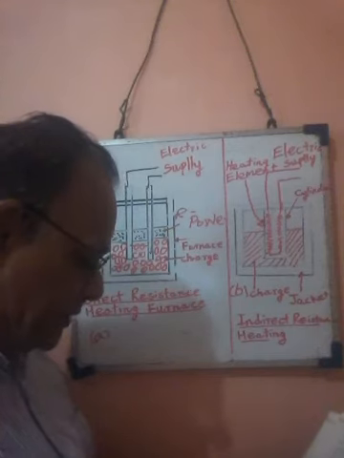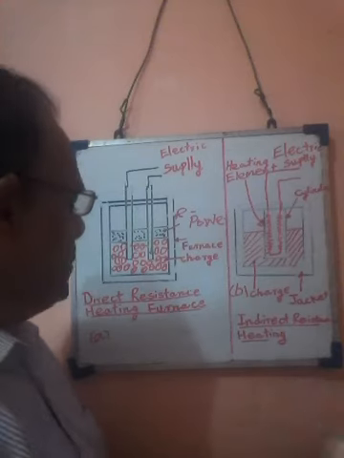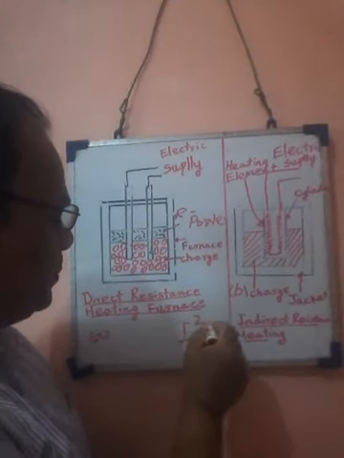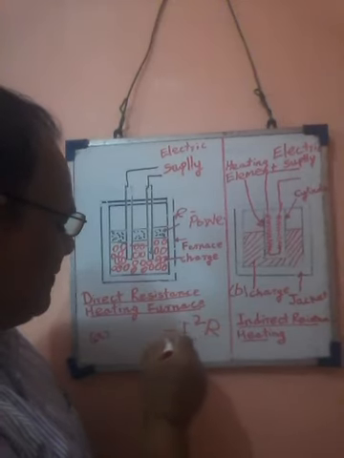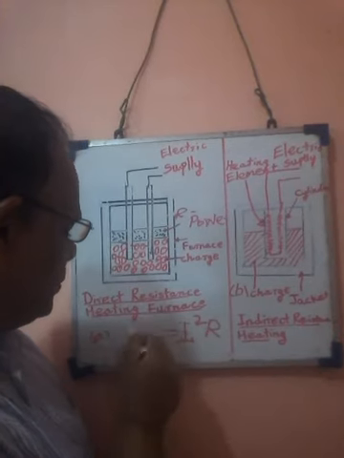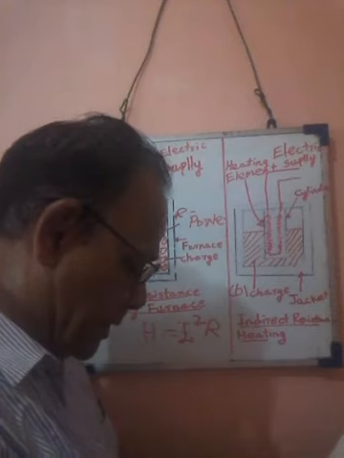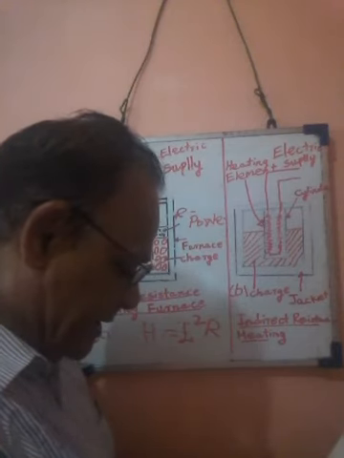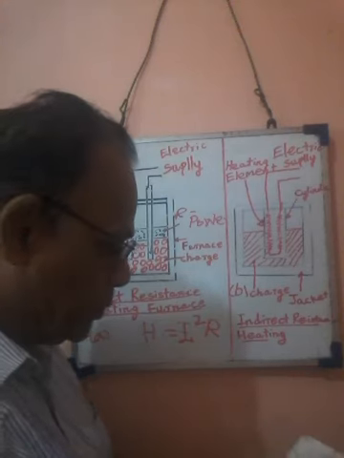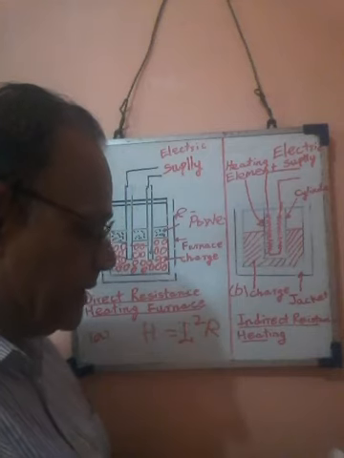Heat produced is proportional to I squared R, the power equation. Heat is produced by I squared R losses in the heating element. The heat so produced is delivered to the charge, either by radiation.